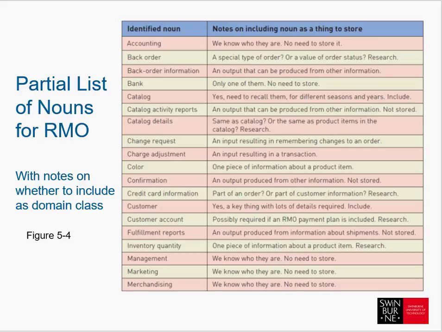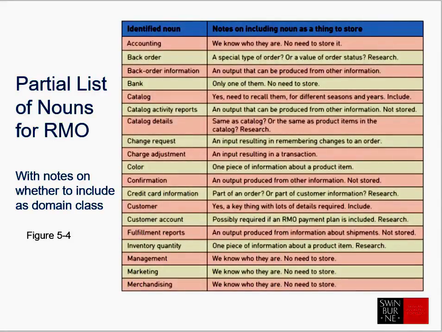In this diagram, the business analysts working on our system analysis project have identified different nouns and made this list. It's usually good practice to keep some notes when you include these nouns. For instance, this business analyst captured the noun called accounting.